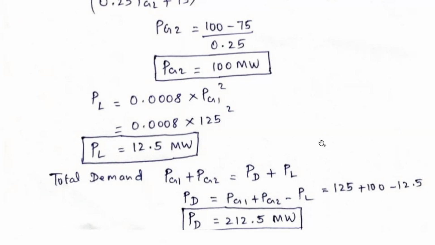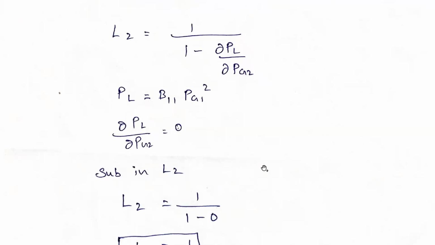Pg1, Pg2 and PL we have calculated. Just substituting, you can easily find the total demand. That is PD is equal to 212.5 megawatt.